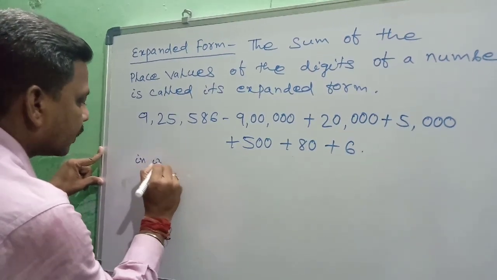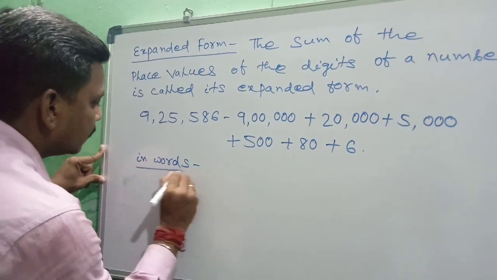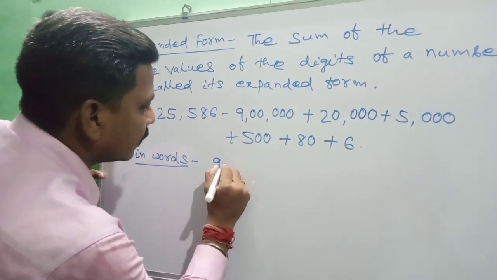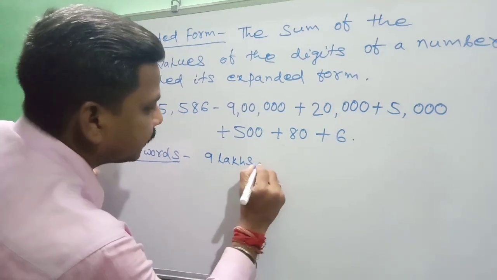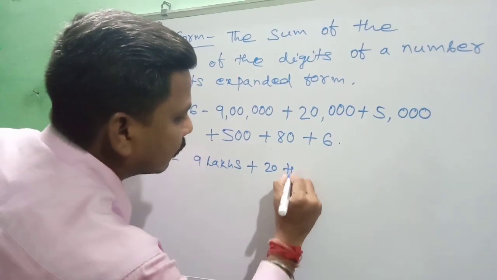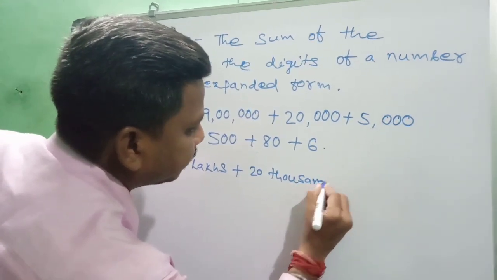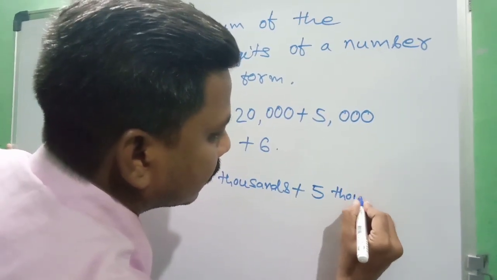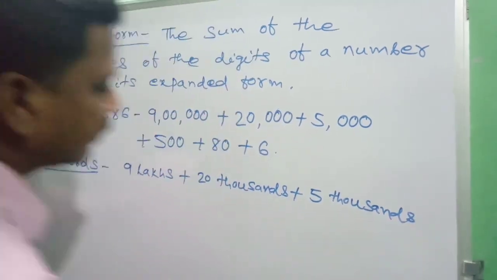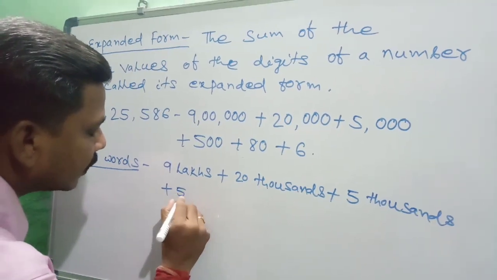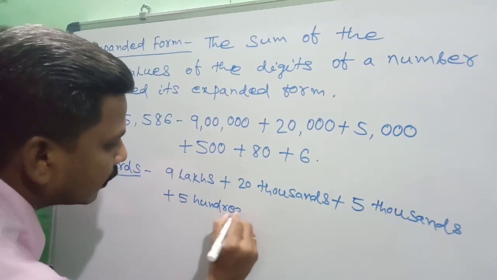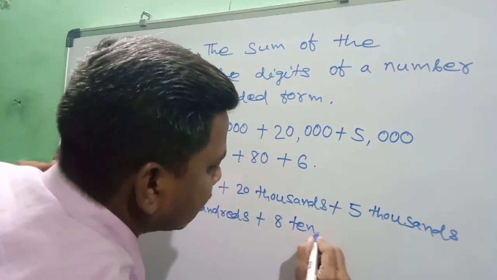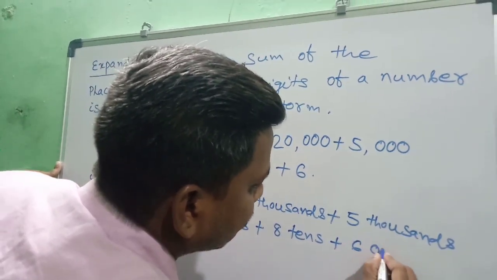In words, 9 lakh plus 20,000 plus 5,000 plus 500 plus 8 tens plus 6 ones.